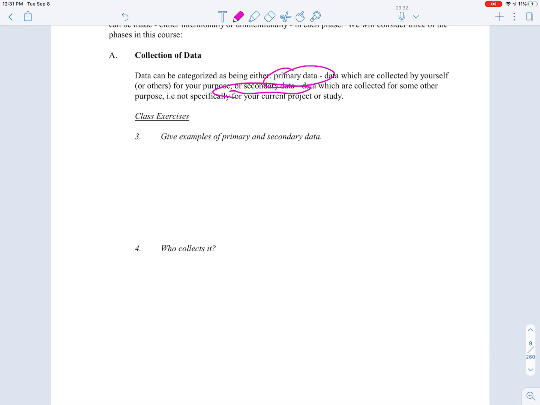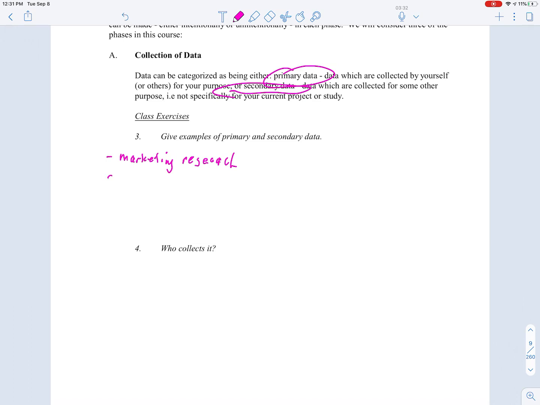In terms of primary data, the important thing is that it's data which are collected by yourself or for you, not necessarily by yourself. I'm going to write this part out here. So that could be things like marketing research in your particular company, and so on.